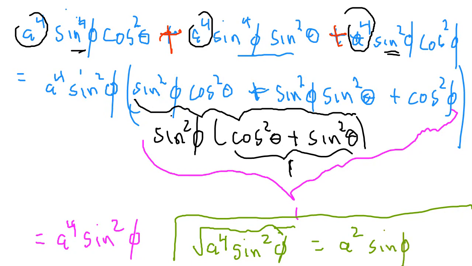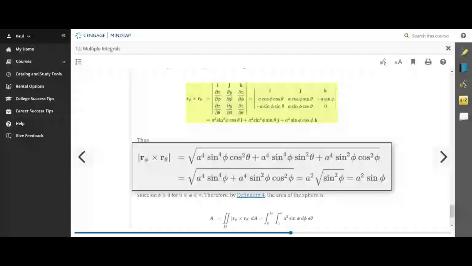So when we go back to the example here, the length of that cross product equals a squared times the sine of phi. And that's what you're going to put into the formula.